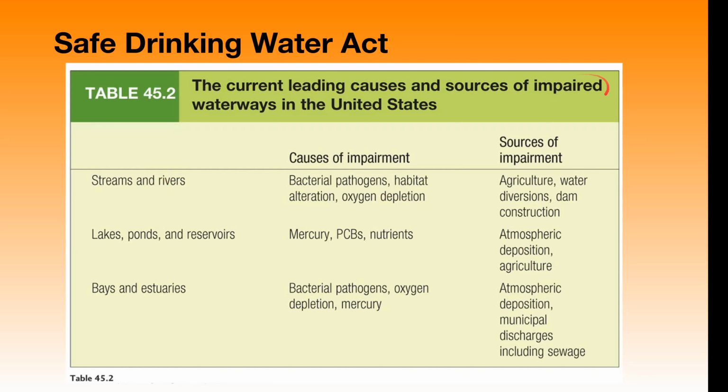All right. So here are the leading causes or sources of impaired waterways, and what they mean by that is just polluted waterways. We have streams and rivers, and we're looking at the things that could be in there, and here they're showing you the things that will impact that environment. Lakes and ponds are an issue because the water is not flowing, so this is going to build up over time.